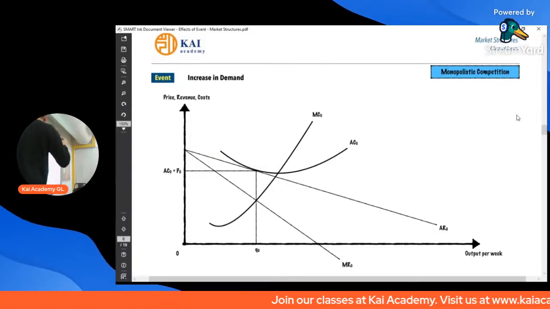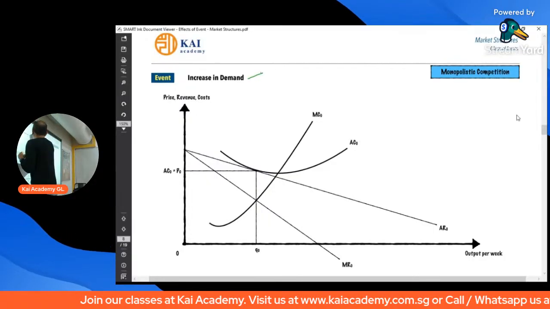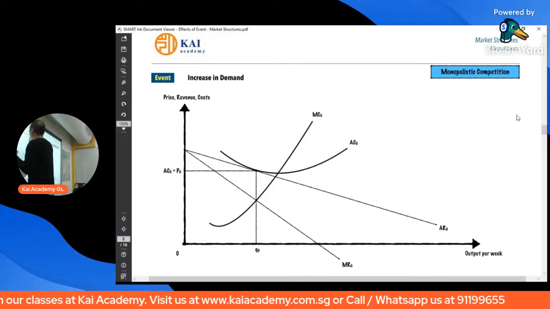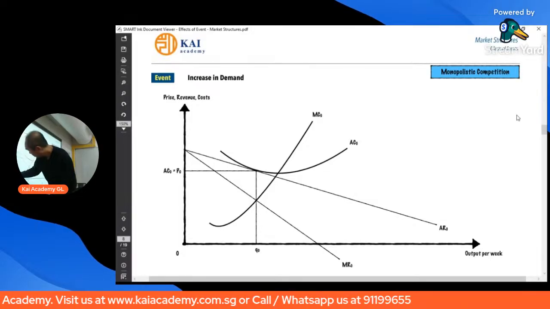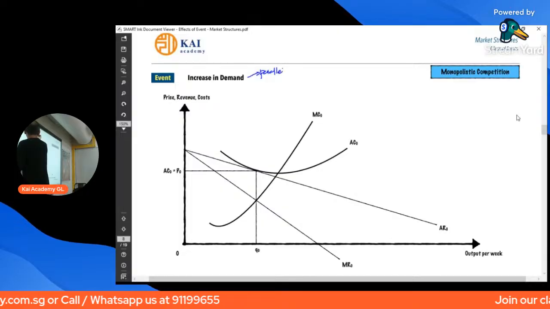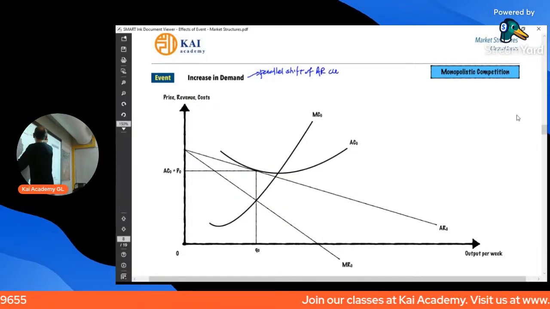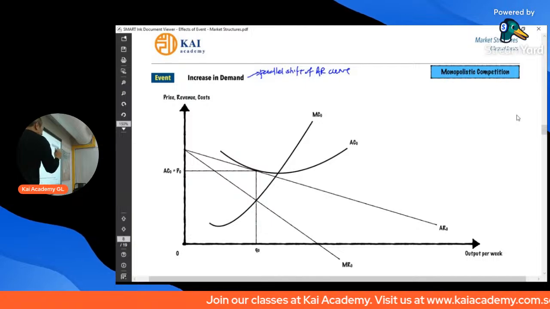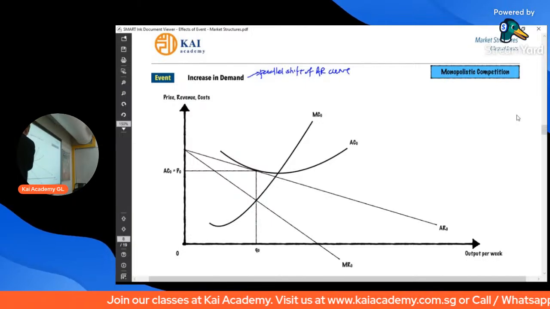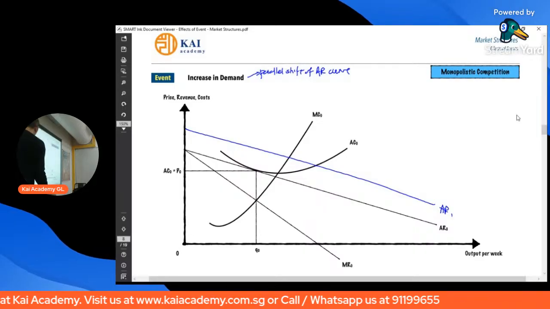So first thing we do is we make a simplifying assumption that the demand increase leads to a parallel shift of AR curve. Right, so let's take a simple simplifying assumption that there's a parallel shift of the AR curve to AR1.